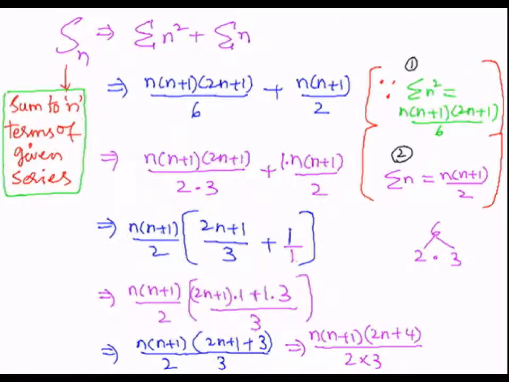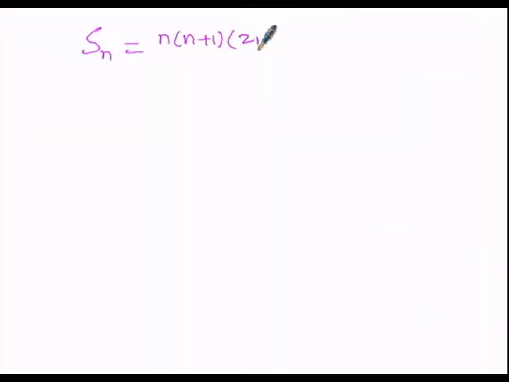So that implies S of n, the sum of n terms, is given by n into n plus 1 into 2n plus 4 overall divided by 2 into 3, whereas in the second bracket 2 is the first term, and 4 can be split as 2 into 2. So we can take 2 as common here.